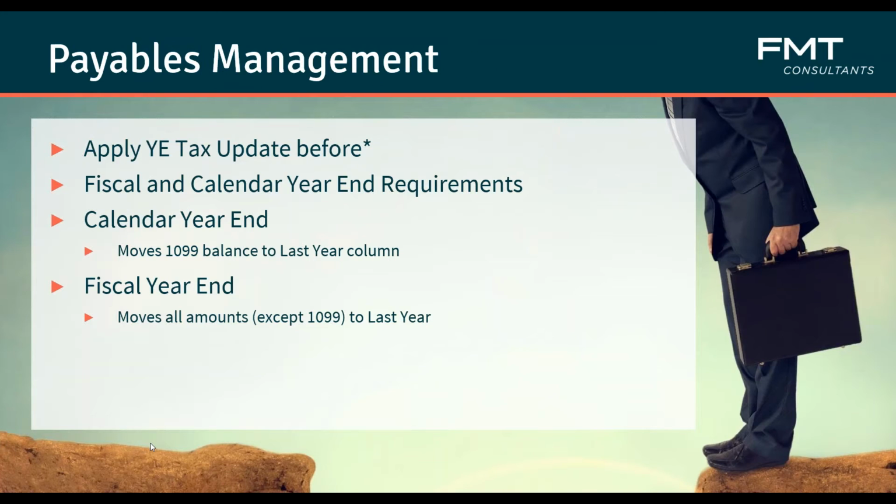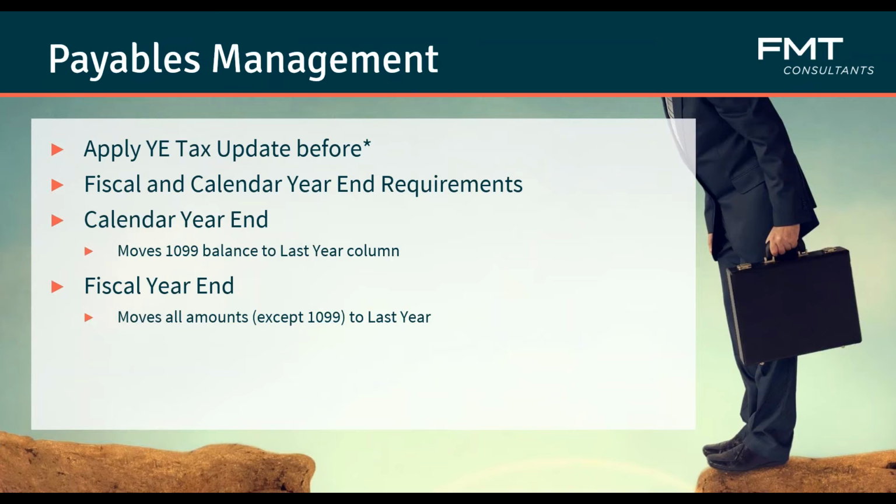So payables, this is where you're going to want to apply that year-end tax update. If you think about the slide on how to prepare, you've downloaded the year-end tax update from Dynamics. In the handout manual, there's a link to the year-end tax updates for both Dynamics GP 2013 and Dynamics GP 2015, the two supported versions of Dynamics GP today.